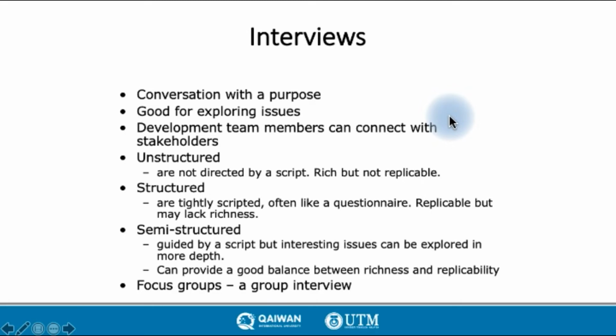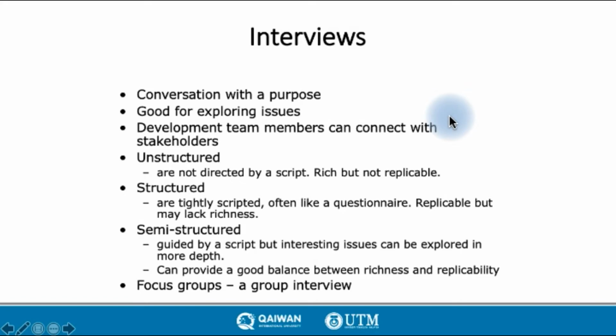But usually, because you don't have a goal and you haven't prepared the questions in a good way, this unstructured method will not be good for your research, because you don't have a goal and you don't have main topics to talk about with your interviewees.